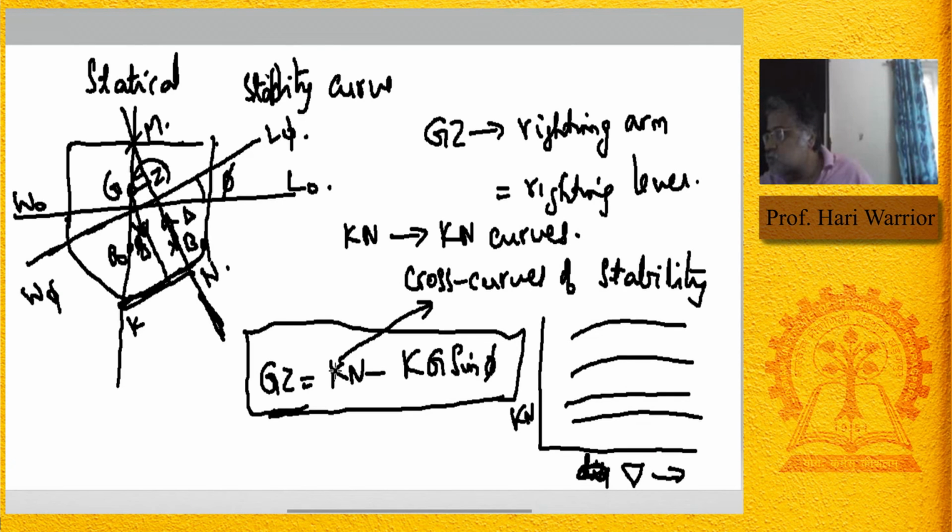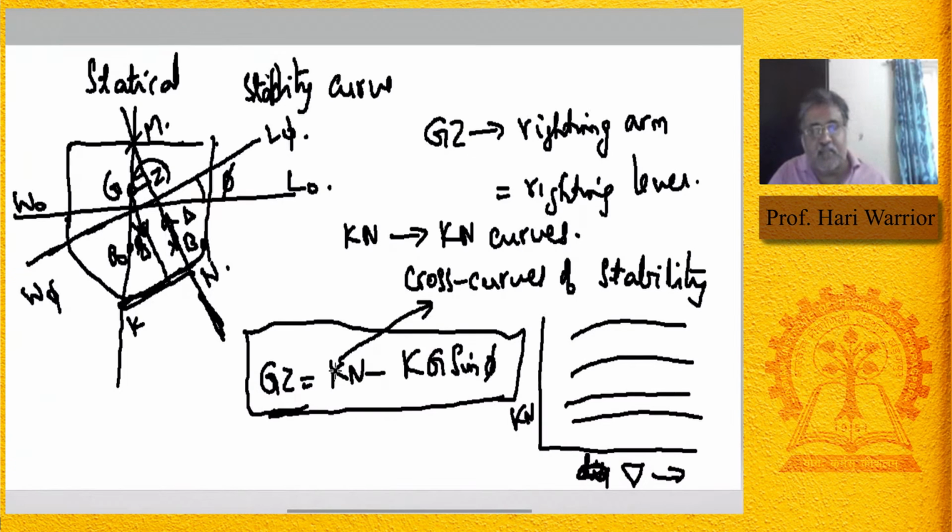Now we need to learn about the statical stability curve. That is the important curve. As we see in this figure, as the ship heels and the heeling keeps on increasing, the B phi also keeps on moving, and the GZ also keeps on changing.